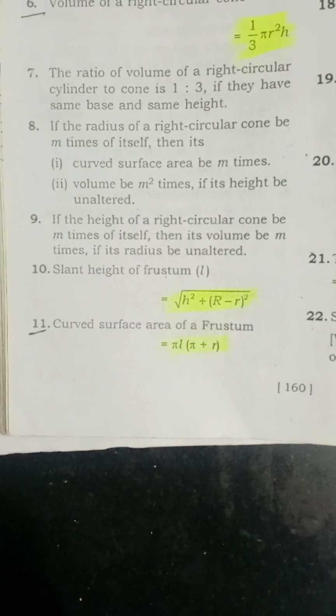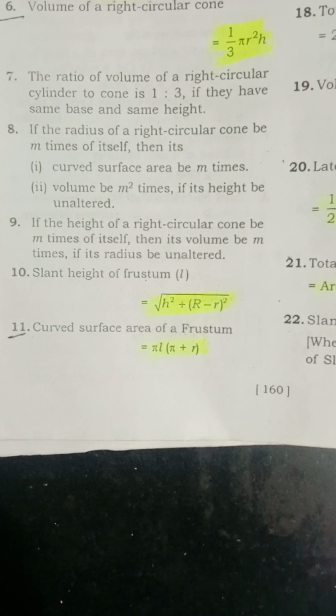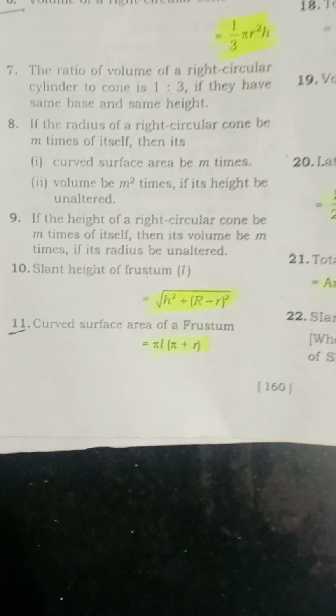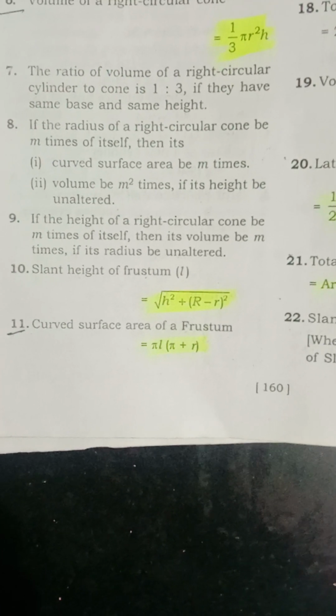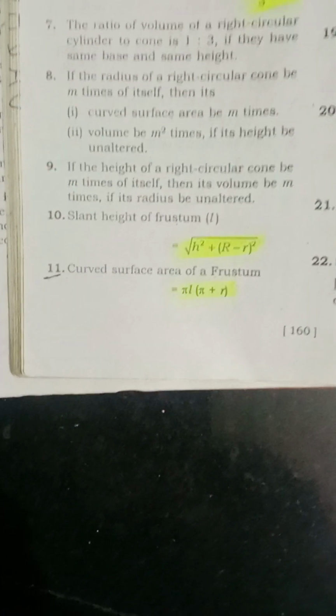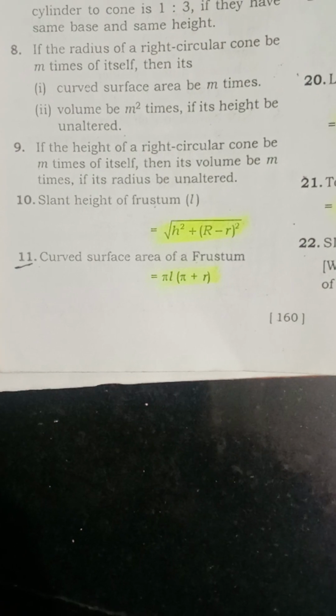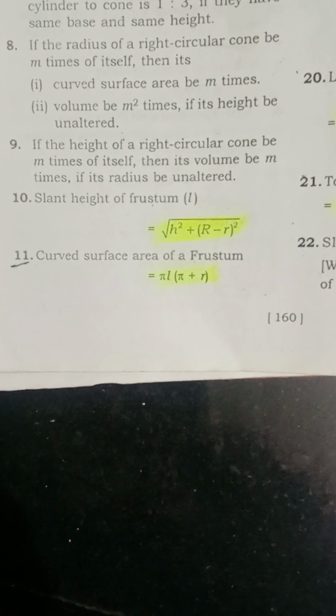Next, slant height of frustum is root h square plus bracket capital R minus small r, square. Curved surface area of frustum is equal to pi into l into R plus r.